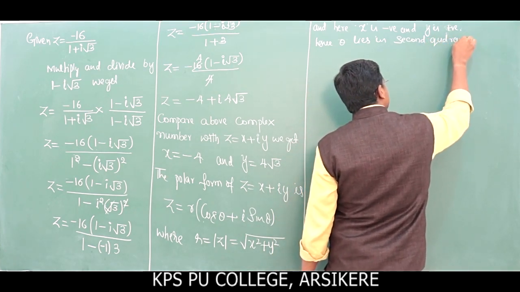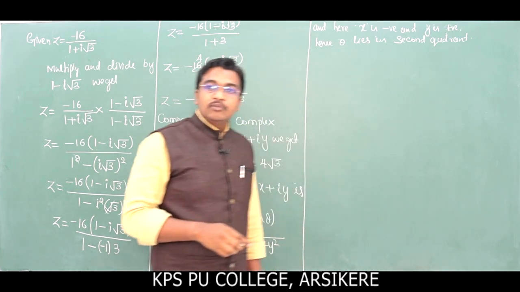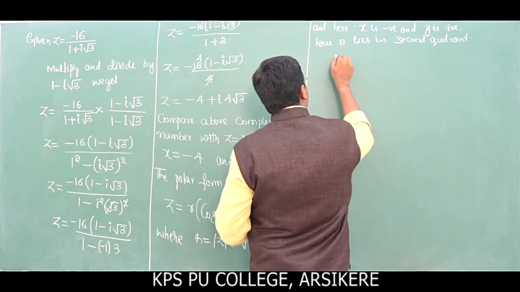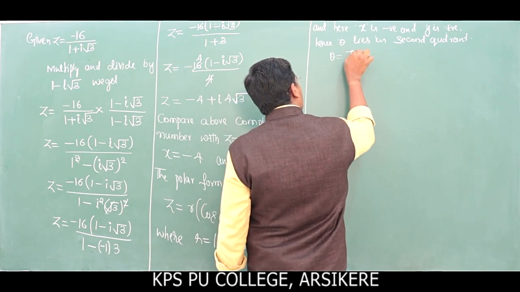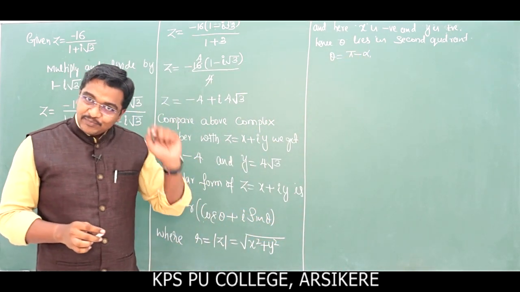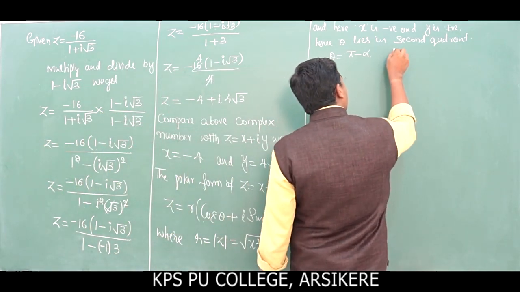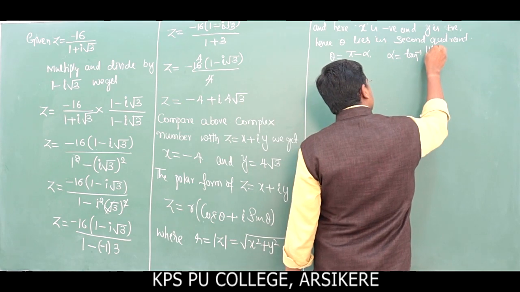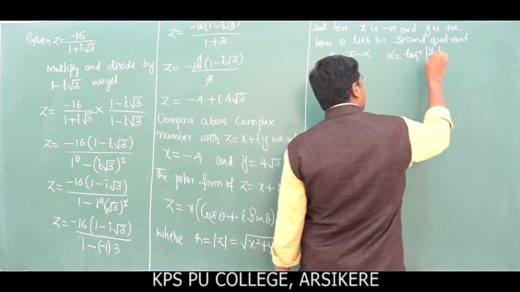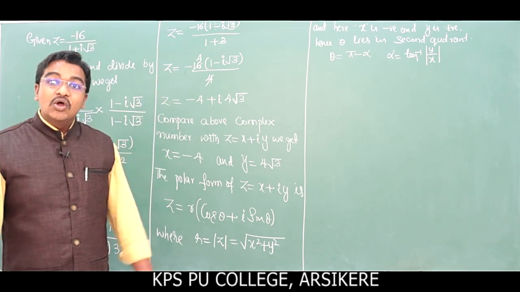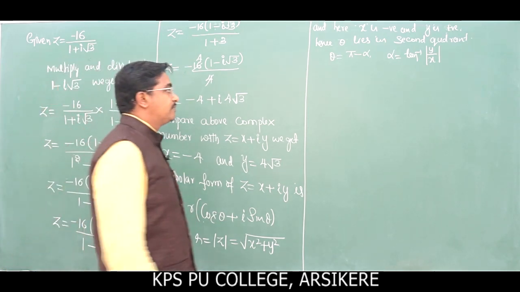Now tell me, what is theta? When theta lies in the second quadrant, the expression for theta is pi minus alpha, and alpha is equal to tan inverse of modulus of y divided by x.